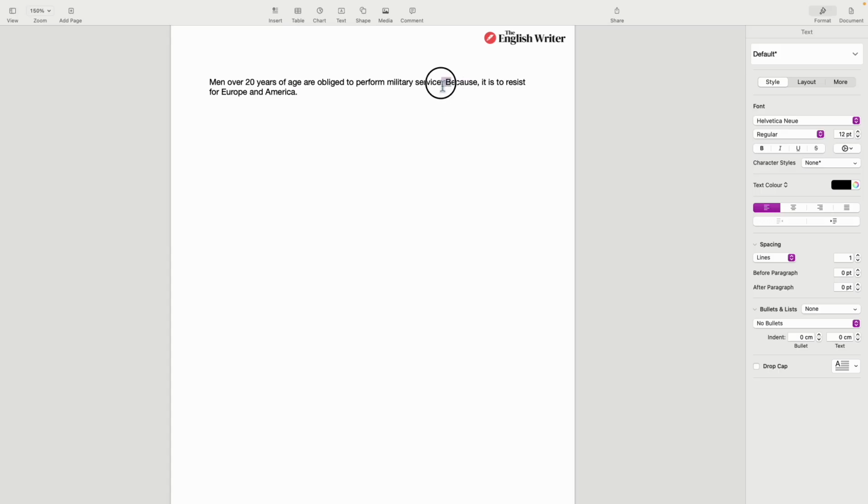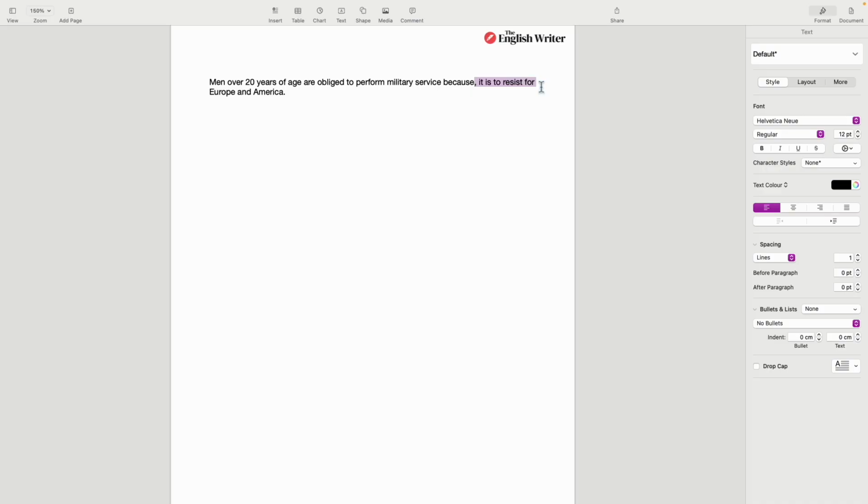So let's try. Men over 20 years of age are obliged to perform military service because I would actually fill in quite a bit here, because they need to protect us from, or they need to resist European and American aggression.